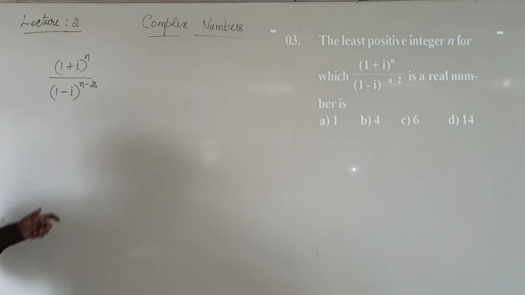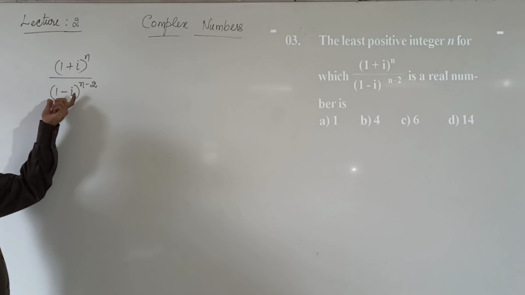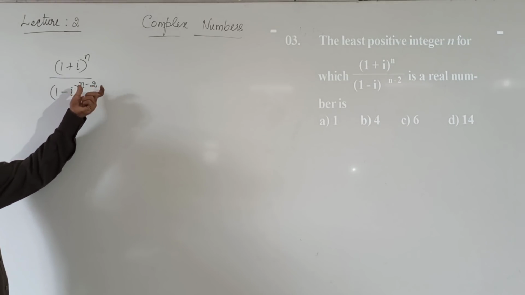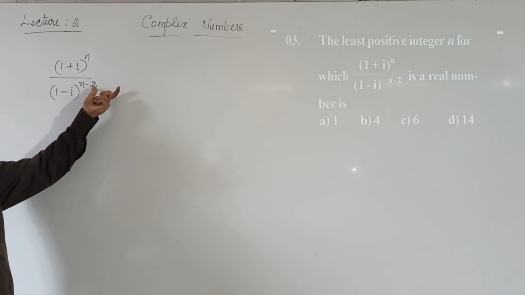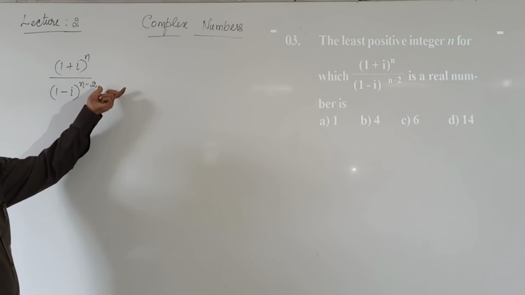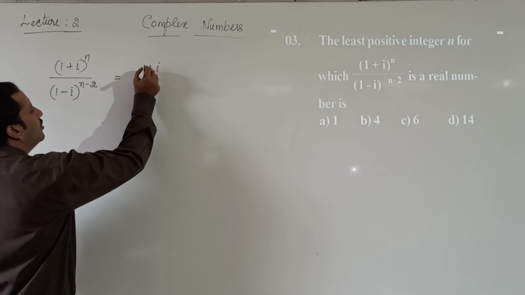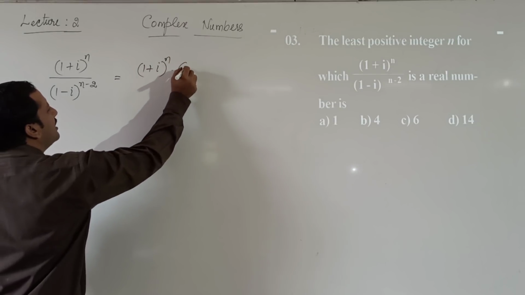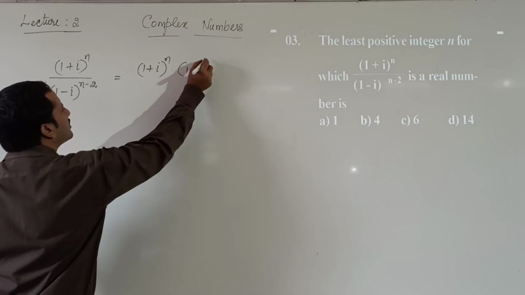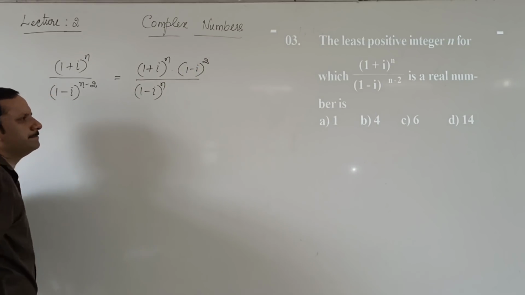Okay. So (1 minus i) whole power n minus 2 is there. I can write this as (1 minus i) whole power n into (1 minus i) whole power minus 2. After that I am taking this (1 minus i) whole power minus 2 to the numerator, so that power will become plus 2. So (1 plus i) whole power n into (1 minus i) whole square divided by (1 minus i) whole power n.